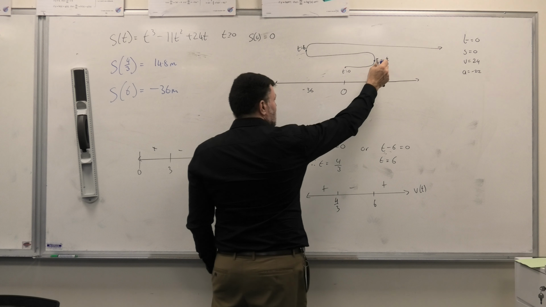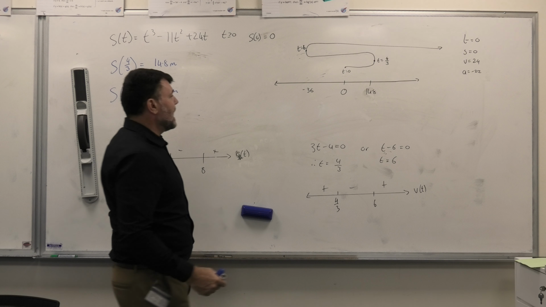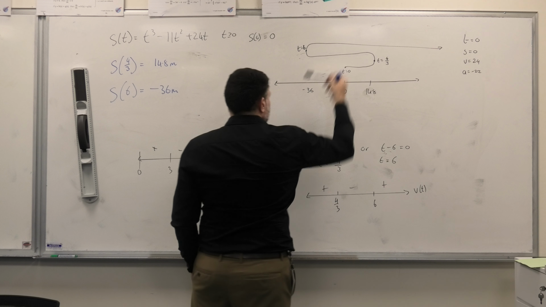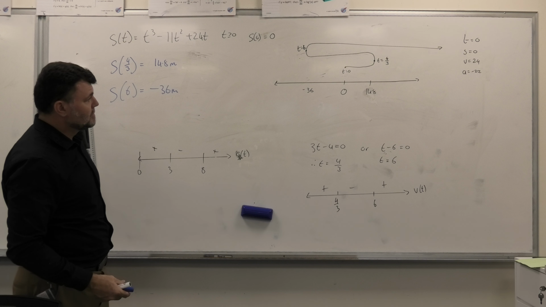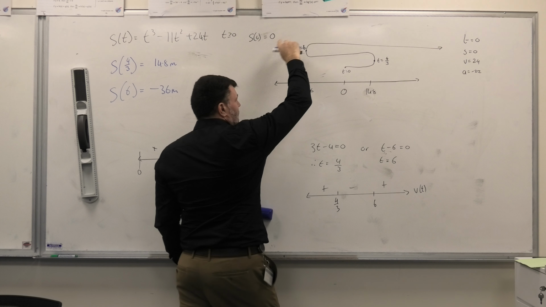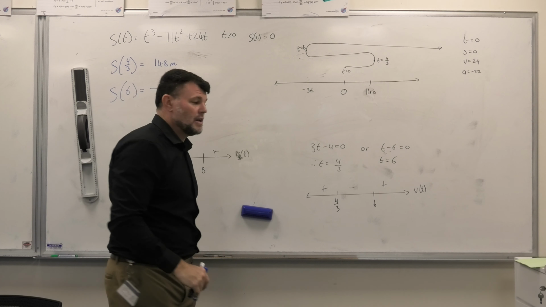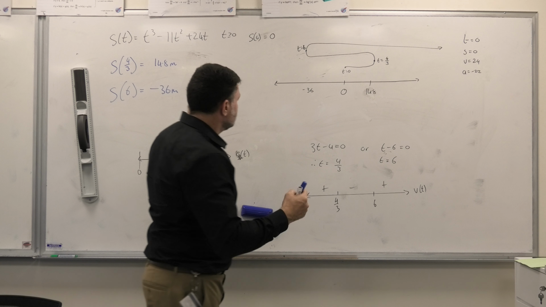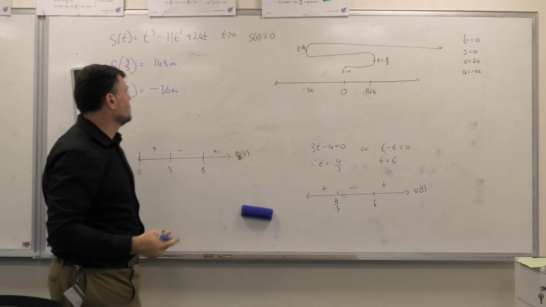It then changes direction after 4/3 of a second and travels to the left for 6 seconds, and then changes direction again and travels to the right forever until we find another turning point.